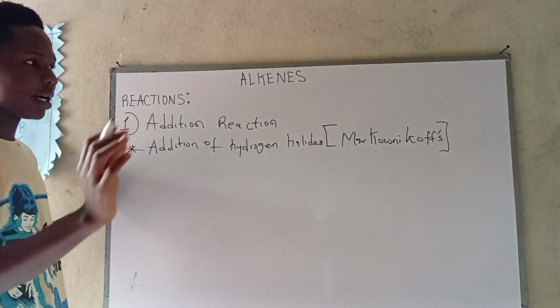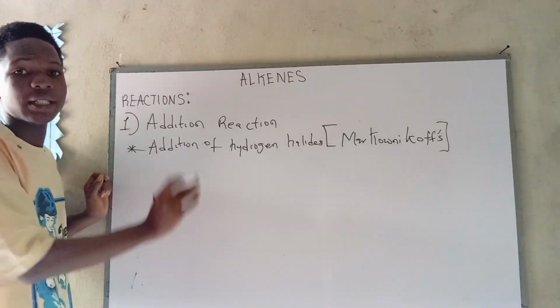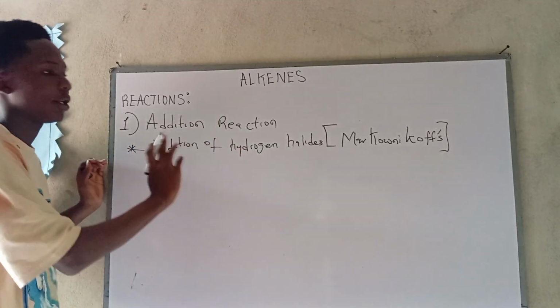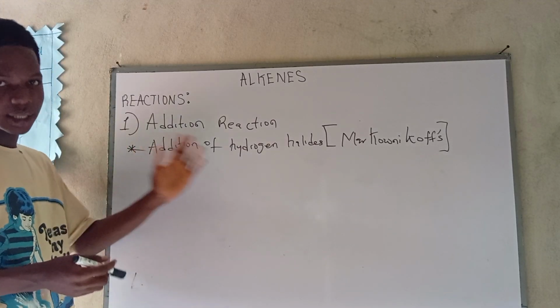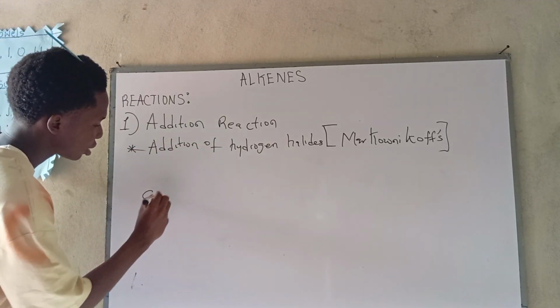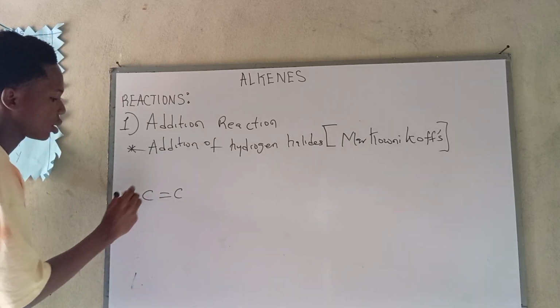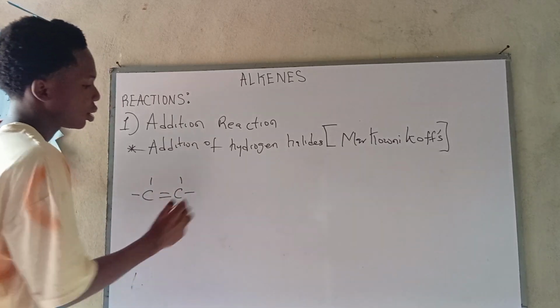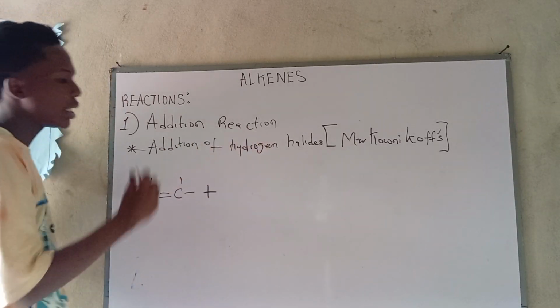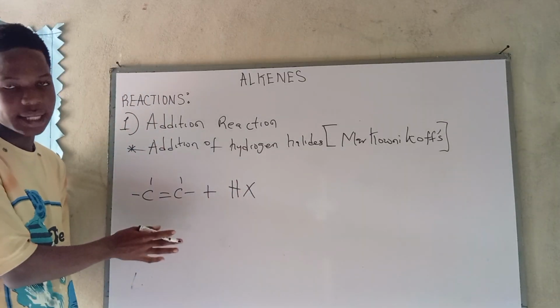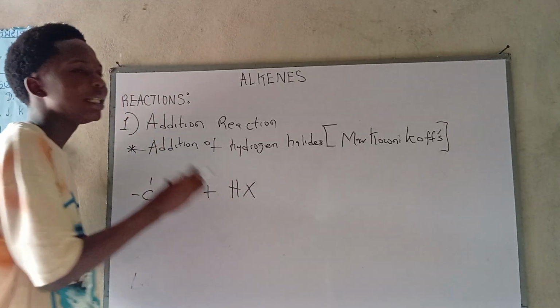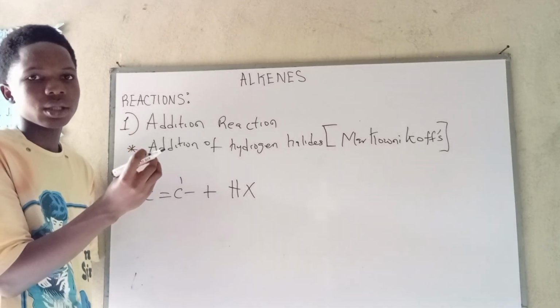Now, pay careful attention. Let's write the general formula for this reaction. As we said, this is a reaction of alkene. When an alkene reacts with a hydrogen halide, which is written like this, what will it give us?